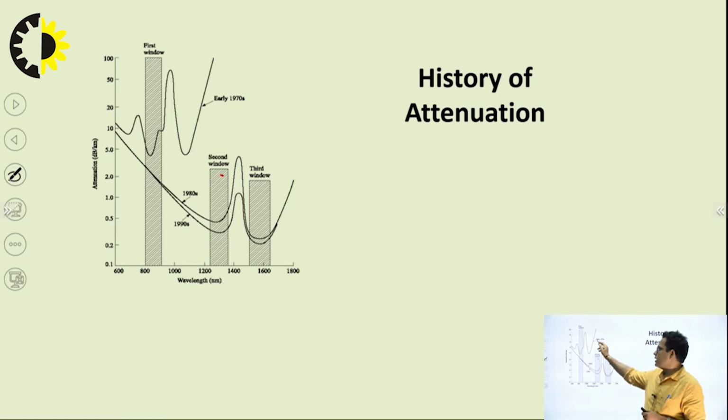In the 1970s, the first window used in optical fiber communication ranged from around 800 to 900 nanometers.